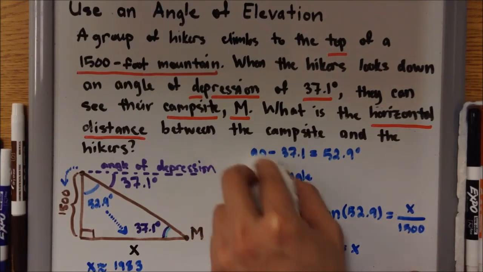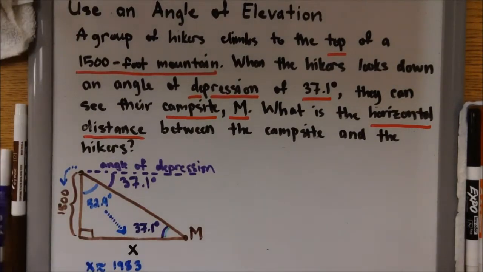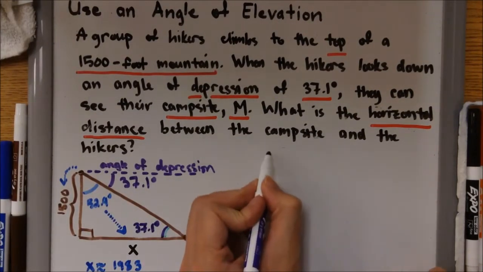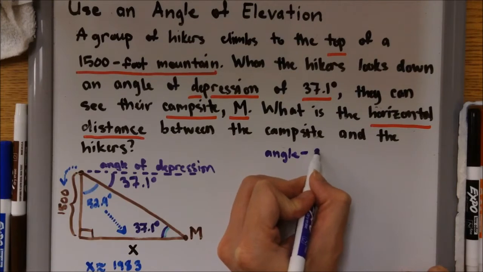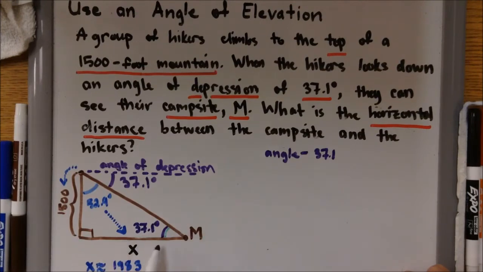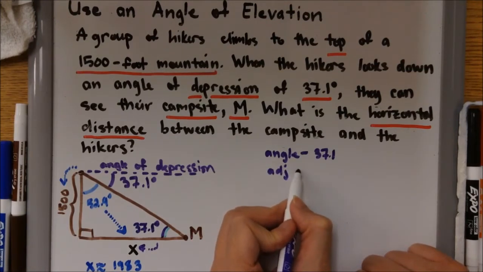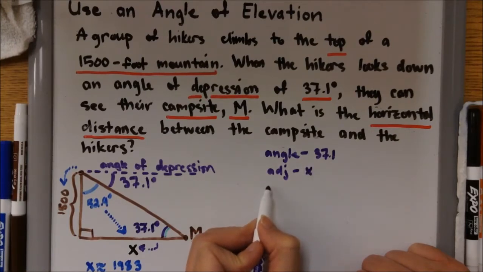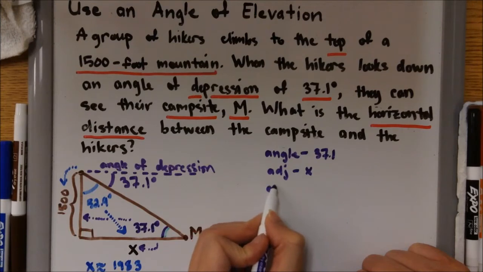So my angle is 37.1, and what's adjacent to it is x, so I'll put adjacent, which is x, and what's opposite is the 1,500.